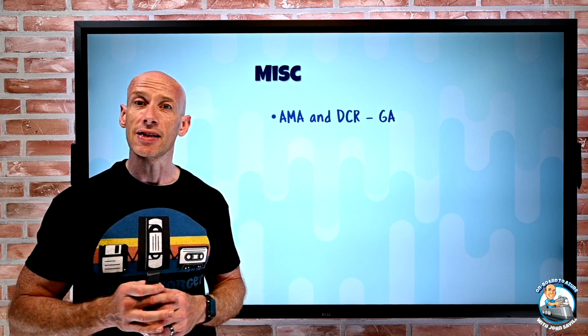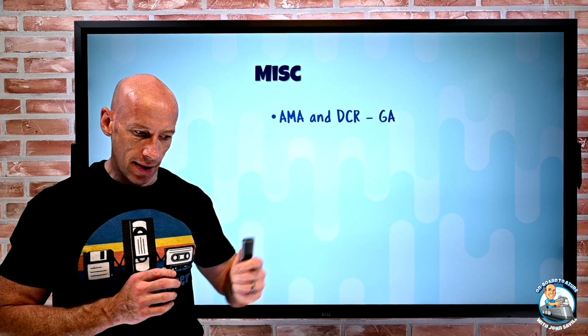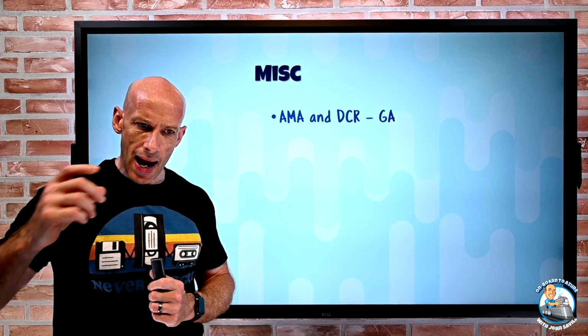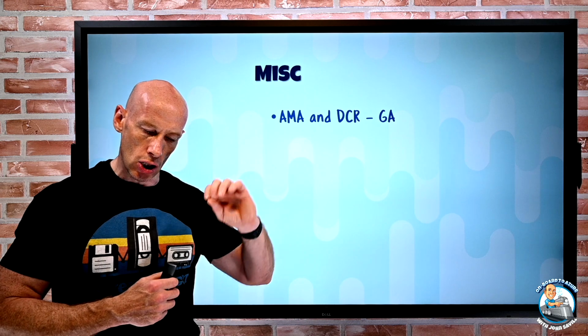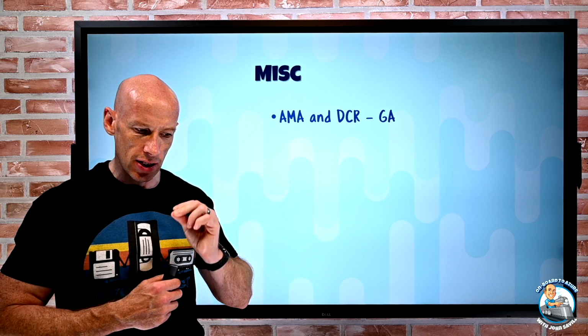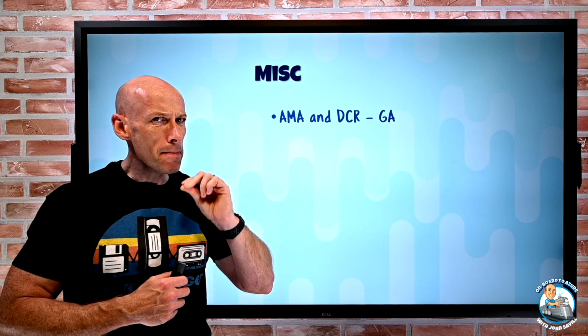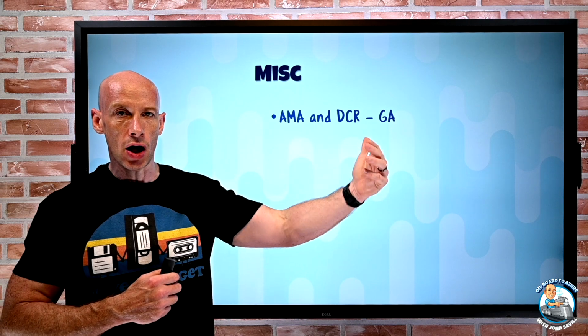So it gives me a lot of flexibility. So that is now there. In the future, it's going to add support for things like Event Hub, storage accounts, and more. But today, it's really just Log Analytics workspaces and Azure Monitor metrics. And the Azure Monitor metrics is still in preview as a target.